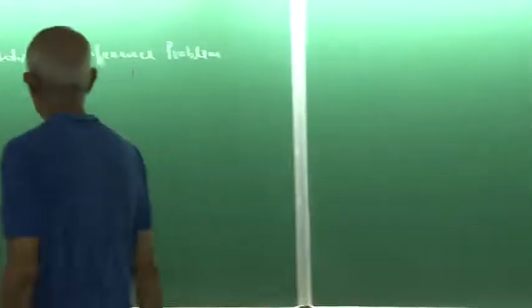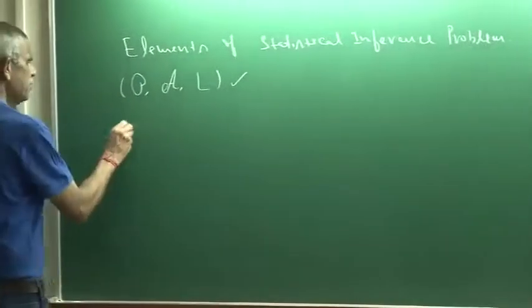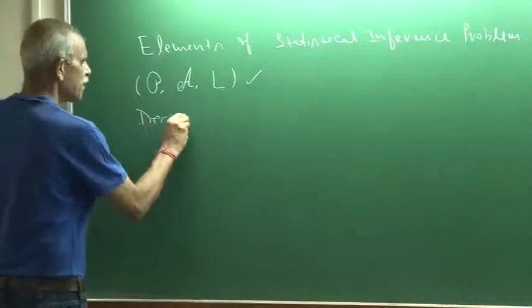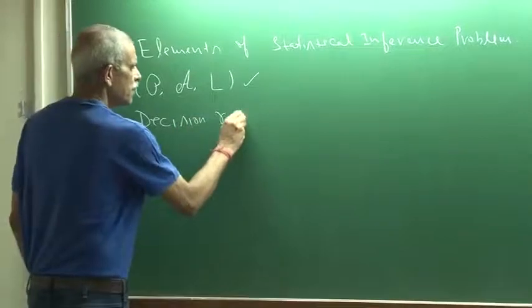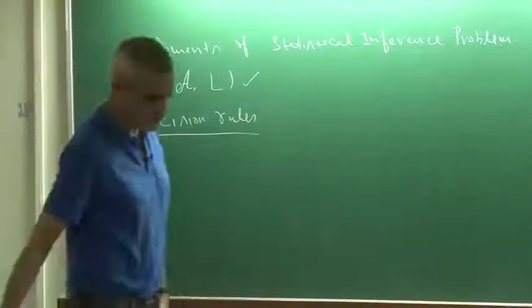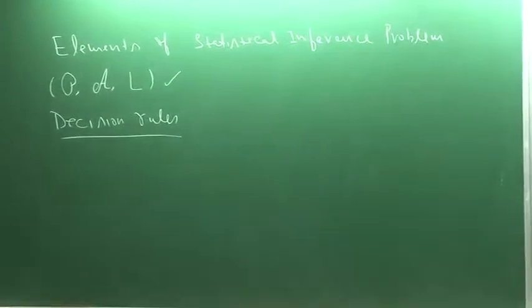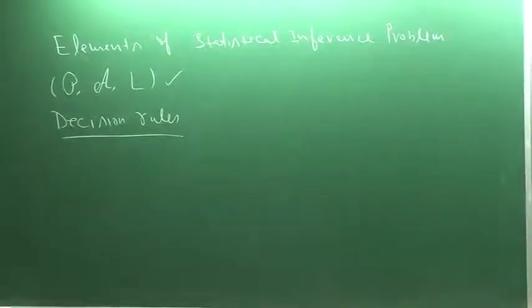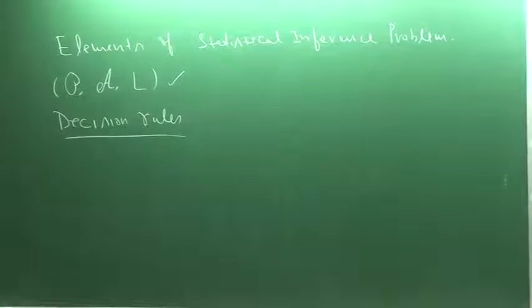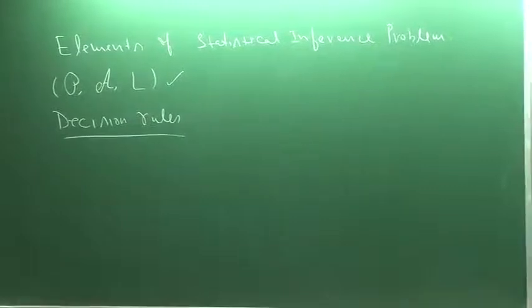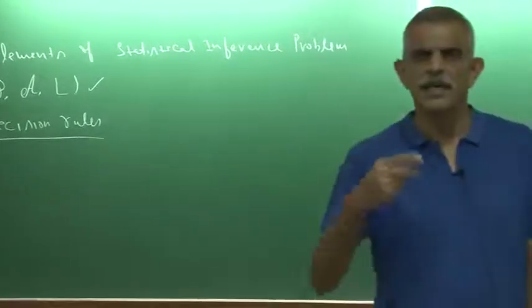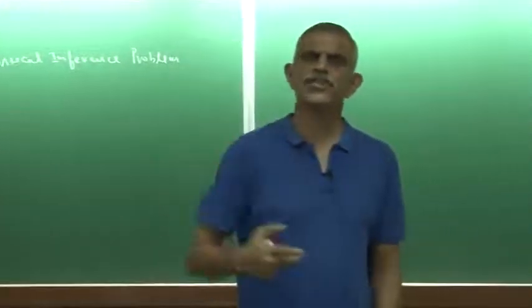Then we talked about the decision rules, or in the case of estimation, they are called estimators. To study the decision rules in generality, we introduced the concept of randomized decision rules. And we said that randomized decision rules sometimes are necessary, where you need two stages of randomization.